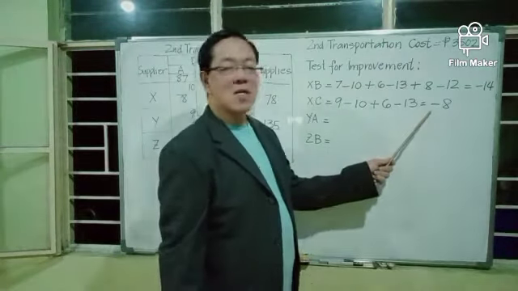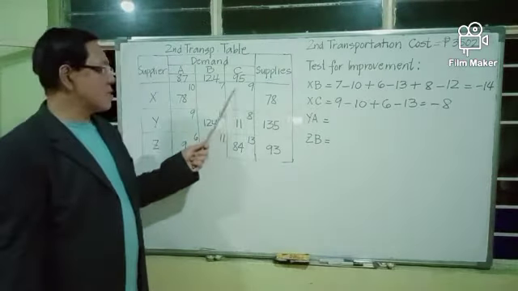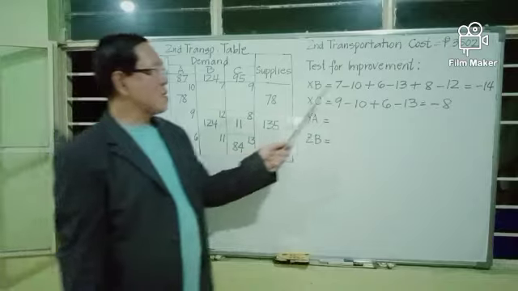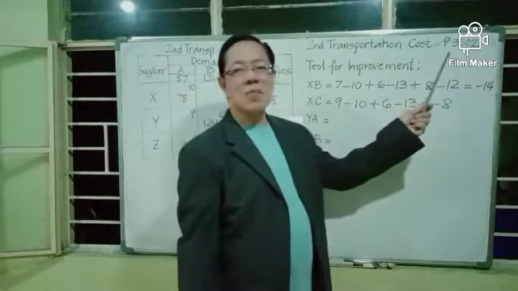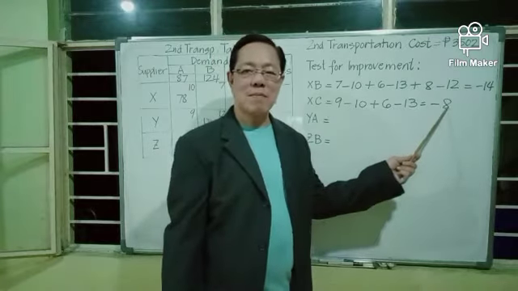The net cell cost of minus 8 means that if you transfer some units to this vacant cell, the transportation cost of 3,502 will decrease by 8 pesos per unit.